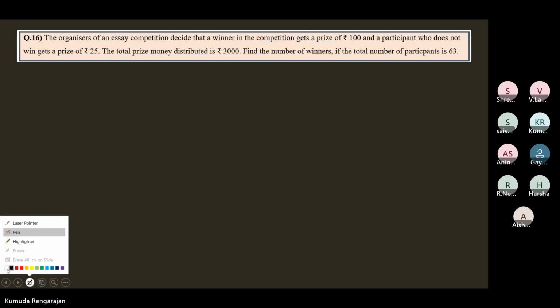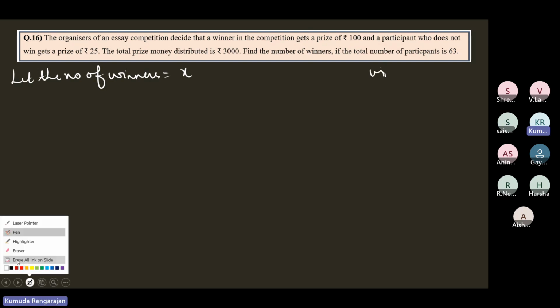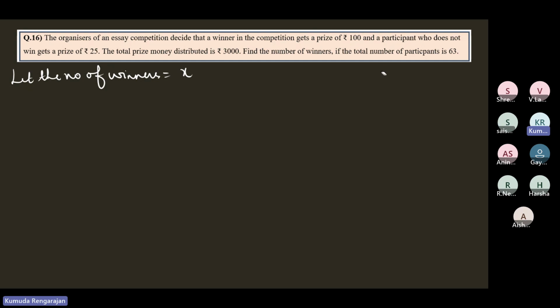Okay. So let the number of winners be equal to X. Now, what do we understand? Winners plus participants is equal to 63, right?